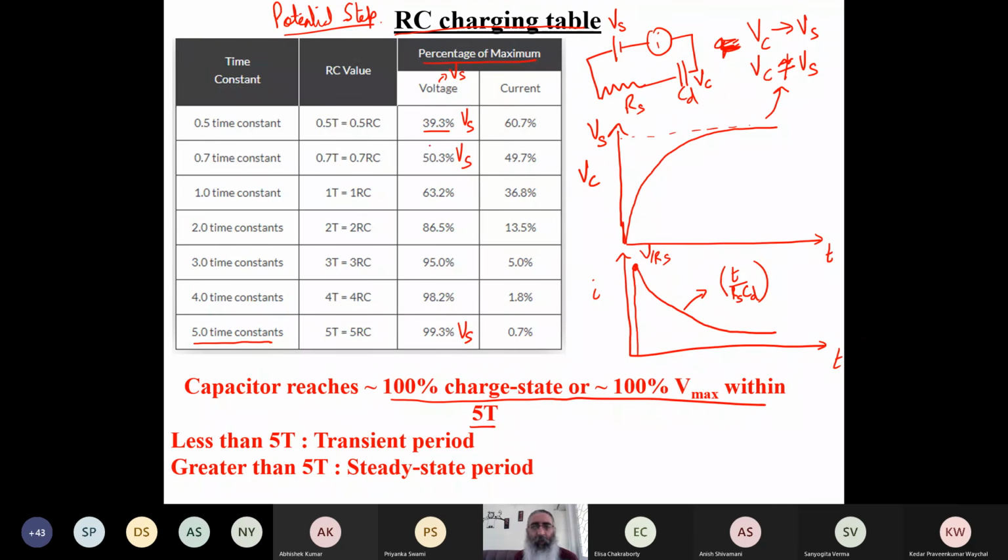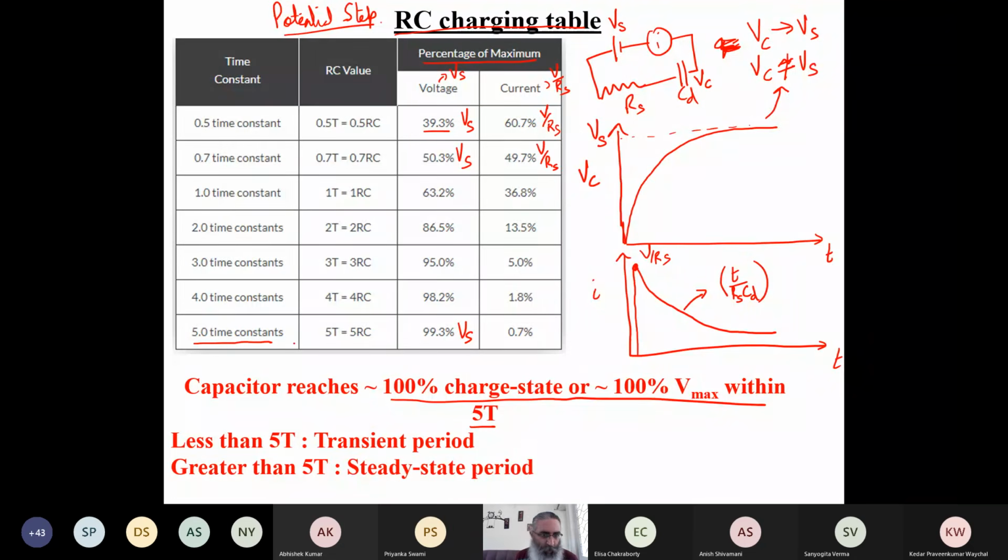Similarly, for the case of current, the maximum is going to be V by Rs, and after that it is going to decrease. At time t equal to zero, the moment you apply the potential step, it is going to go to V by Rs, and from that point onwards it will start to decay. By the time you reach 0.5 time constant, the current is already 60.7% of V by Rs, and at 0.7 time constant, roughly 50% of V by Rs.